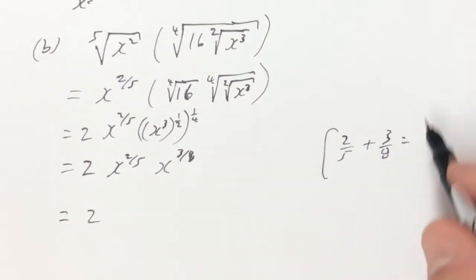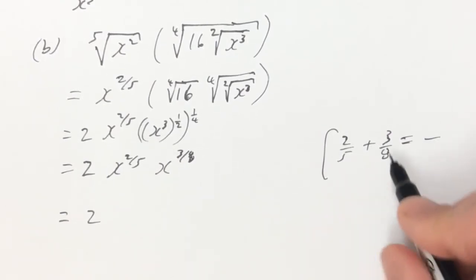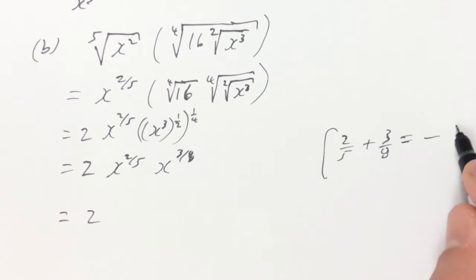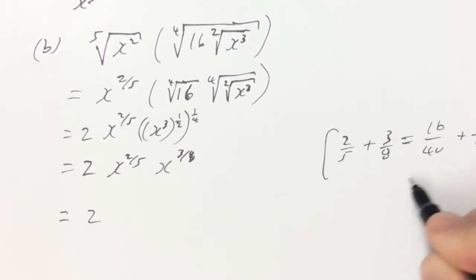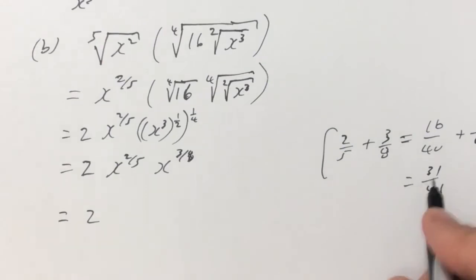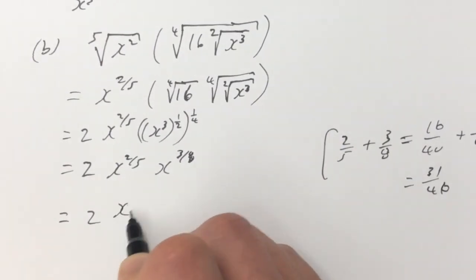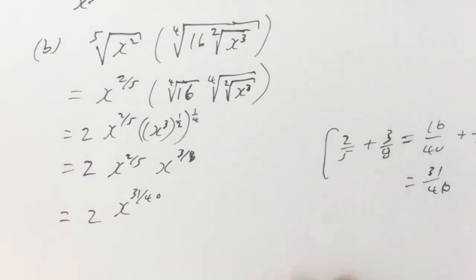Okay, so that's going to be 40 as a common denominator. So that's going to be 16 over 40 plus 15 over 40, which equals 31 over 40. So that's going to be 2x to the 31 over 40. And that's that.